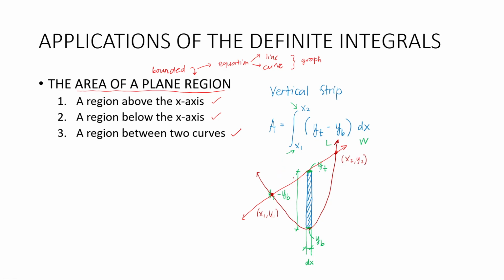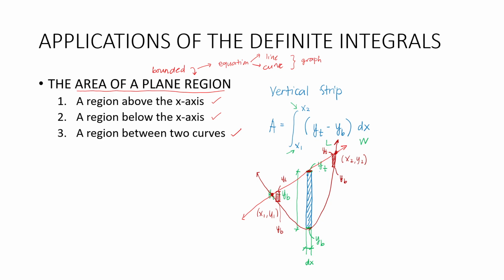Another tip is that the vertical strip should be consistent all throughout the bounded region. If I place my vertical strip on the most left portion, the top portion and the bottom portion touch the same equations. So the y top is the same whichever part you place your vertical strip. If I place it here at the very end, it is still touching the same equation: the top is still the red graph, and the bottom is still the maroon graph. The same goes for the middle part.